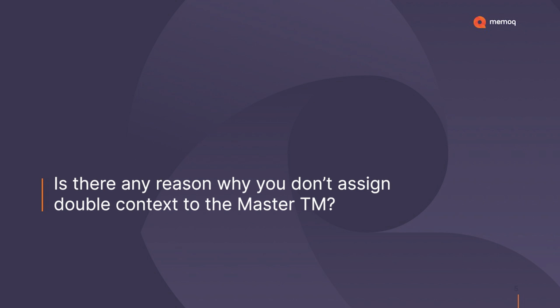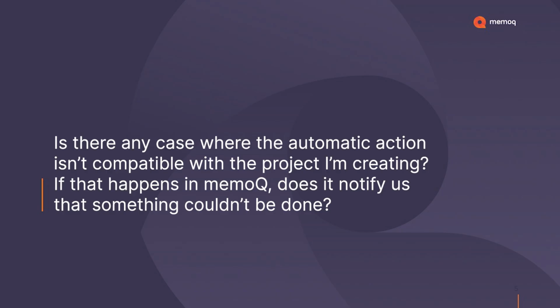Thank you. The next one. Is there any case where the automatic action isn't compatible with the project I'm creating? If that happens in memoQ, does it notify us that something couldn't be done? Good question. So if an automated action cannot be run for some reason, the automated actions are there.